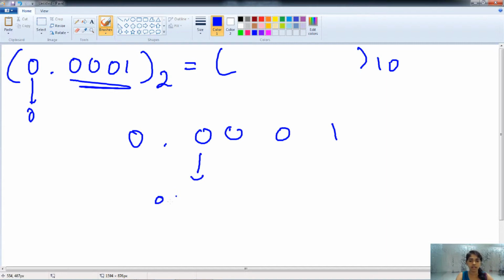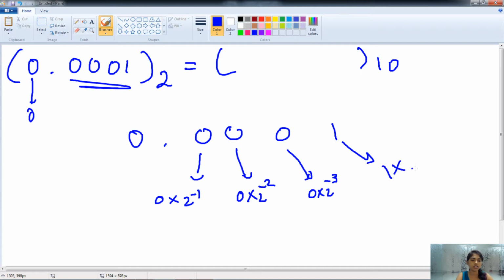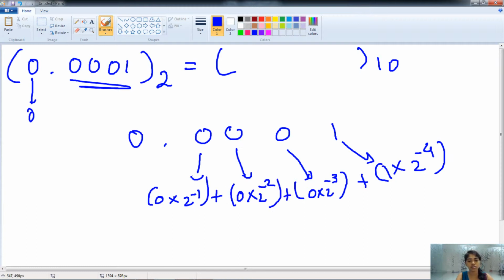So we will write it like this: 0.0001. It would be 0 into 2 raised to minus 1. This is going to be 0 into 2 raised to minus 2. This 0 into 2 raised to minus 3. And this 1 into 2 raised to minus 4. This all you have to add, but as you know, the first three are zeros, so these are going to be zeros.